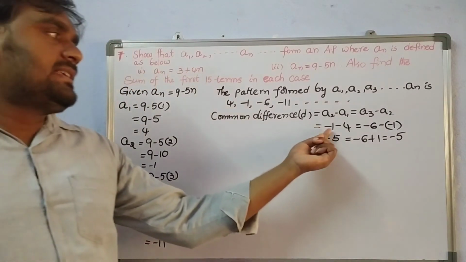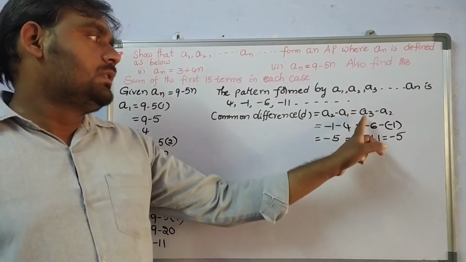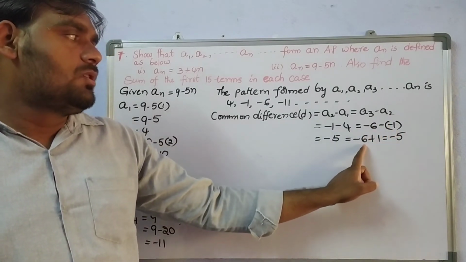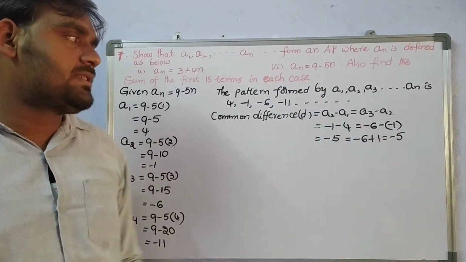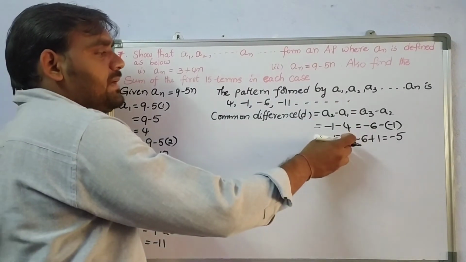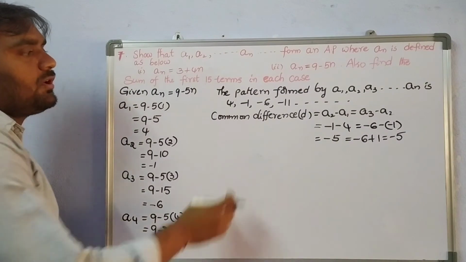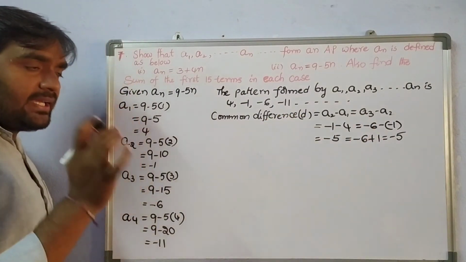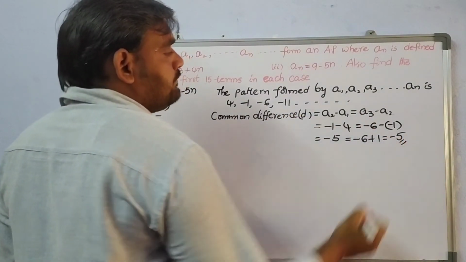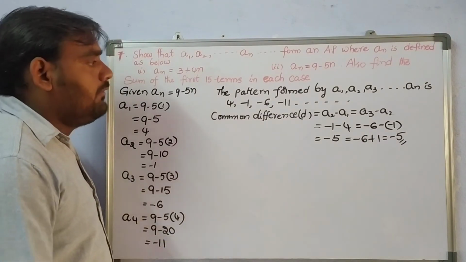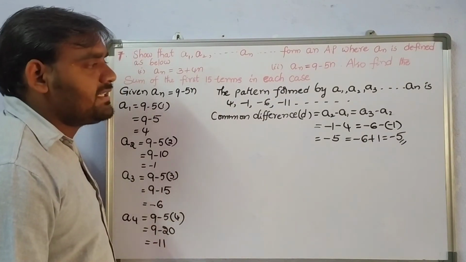See, minus 1 minus 4 is minus 5. A3 minus A2 is minus 6 minus of minus 1, so minus 6 plus 1. So what's the value? Its value is also minus 5. A2 minus A1 is minus 5. A3 minus A2 is minus 5. Isn't it? Therefore common difference D is equal to minus 5. See, we are getting the difference same, common, when we find A2 minus A1 or else A3 minus A2.